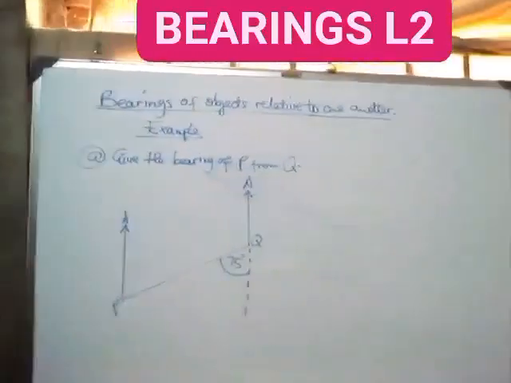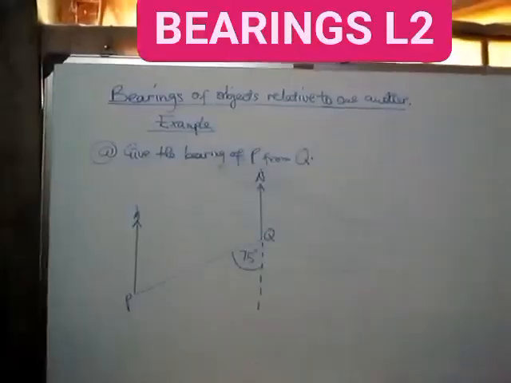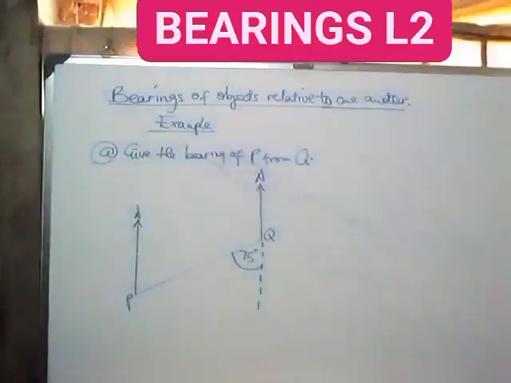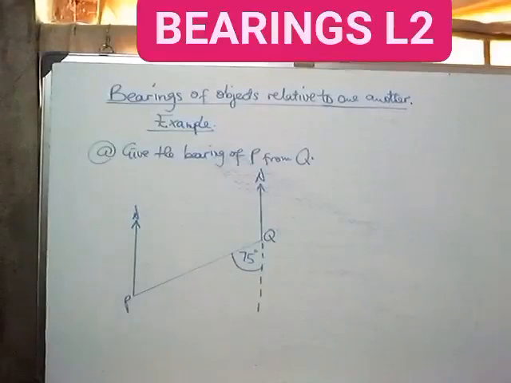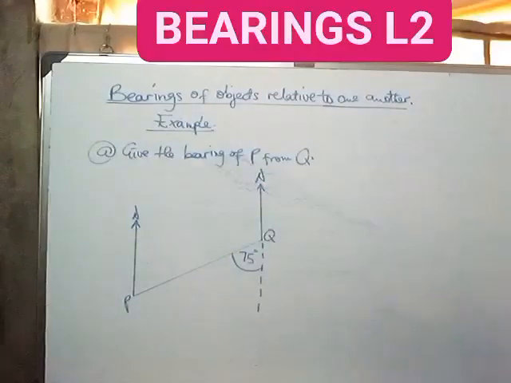From the previous video, those notes which we have learned, if there's the word "from", at that point you draw your north. This means that this question is telling us to say of P from Q, so at Q we draw the north. Now in this case the north is already there.